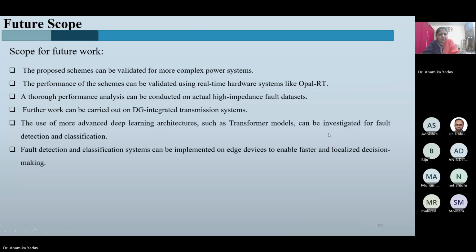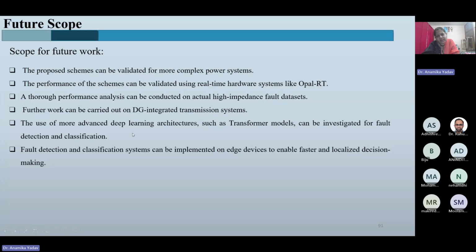Then you can also validate the schemes you have developed in OpalRT for real-time validation, and performance analysis for actual high impedance fault data sets. Real HIF type fault data records have not been found through the state electricity board, but it can also be done. And further work can be carried out on DG integration and transmission systems also.